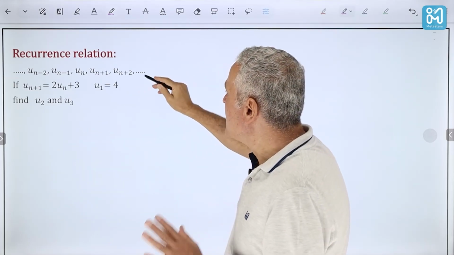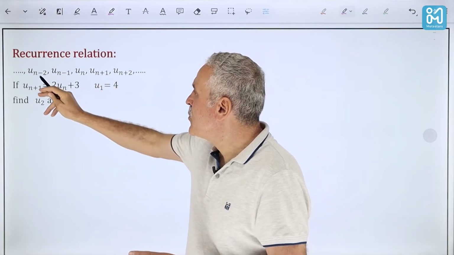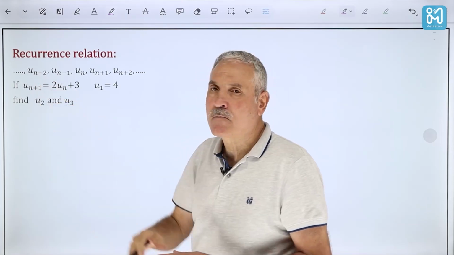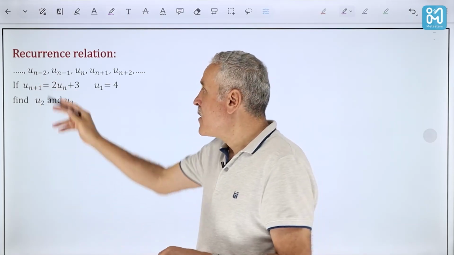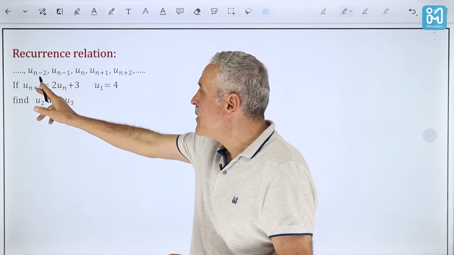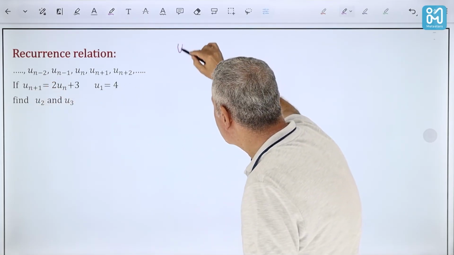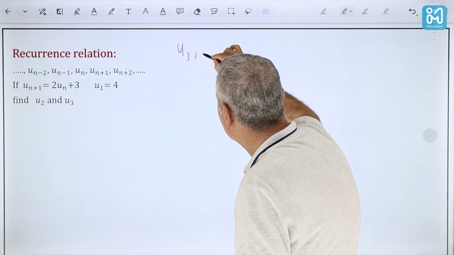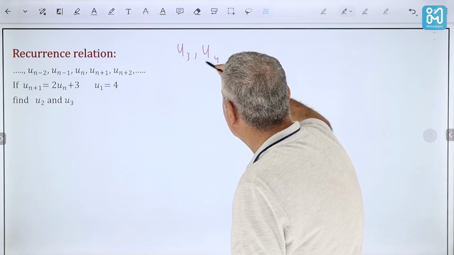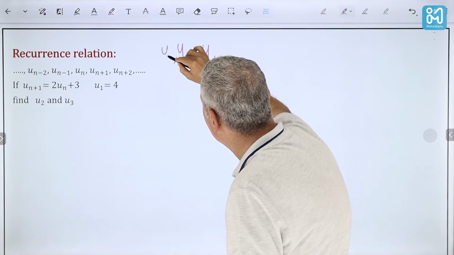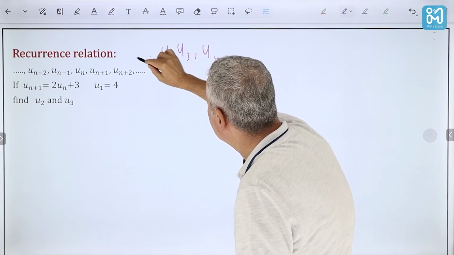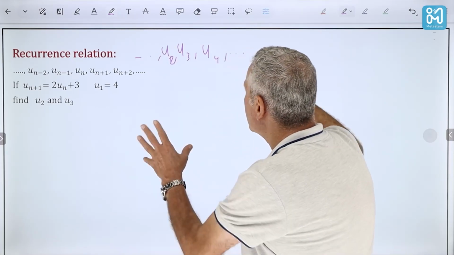In general, if you have u of n minus 2 to represent any term, the one that comes after will be something like this, u of 3, u of 4. Before that you have u of 1, u of 2, and u of 5 and so on.